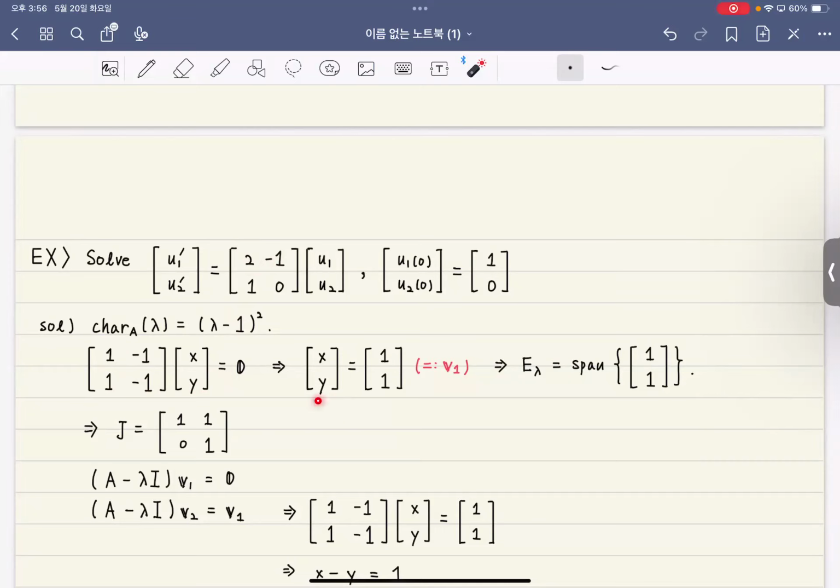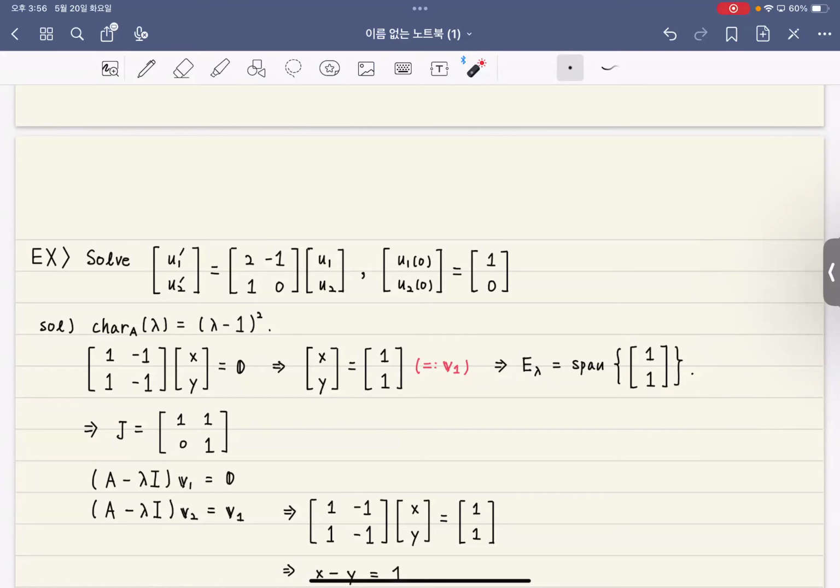So I can find only one linearly independent eigenvector. So simply I will say just (1, 1). Therefore, this eigenspace E of lambda is spanned by this guy. That means the geometric multiplicity of eigenvalue 1 is 1, which is 1 less than its algebraic multiplicity. Therefore, this matrix does not allow diagonalization.